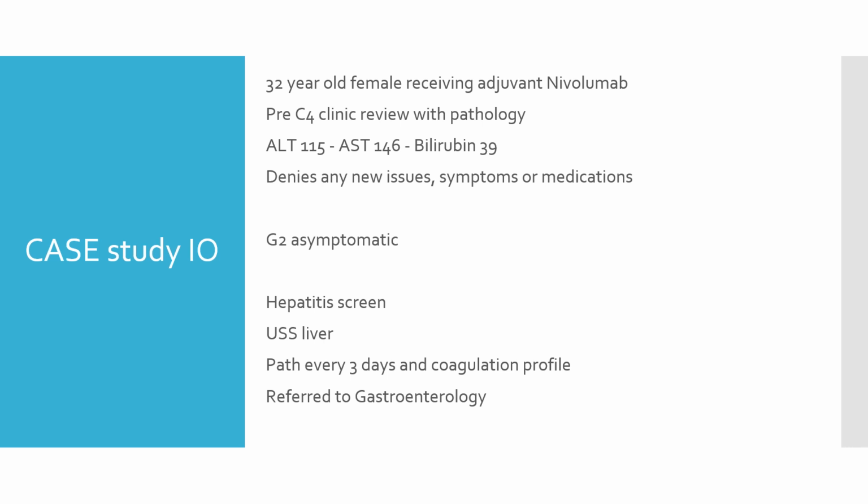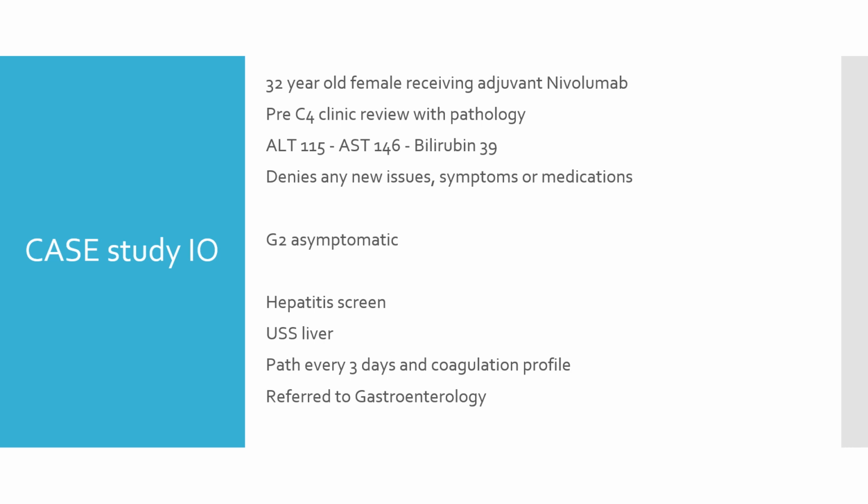And just another quick review of patient 32 receiving adjuvant nivolumab for her resected melanoma. Came to clinic pre-cycle 4, and her path was ALT, AST, and bilirubin elevated. So she was completely well, asymptomatic, no issues at all.